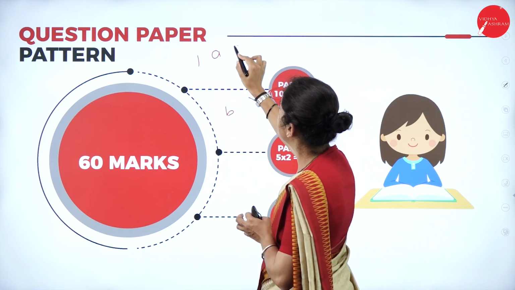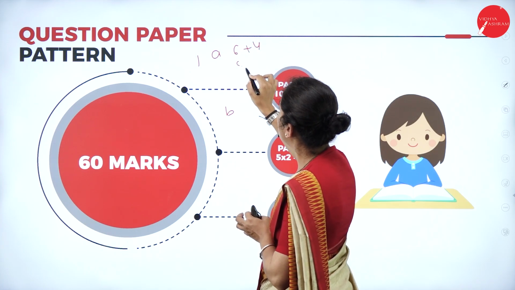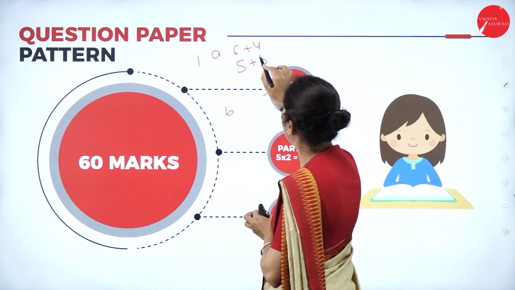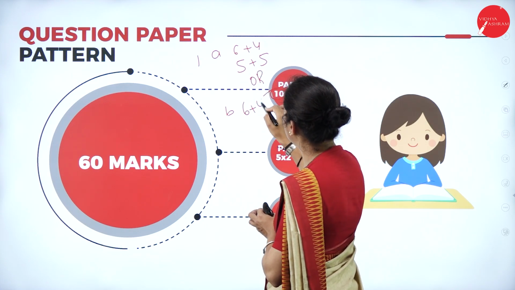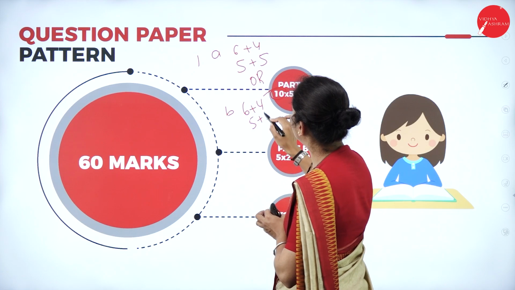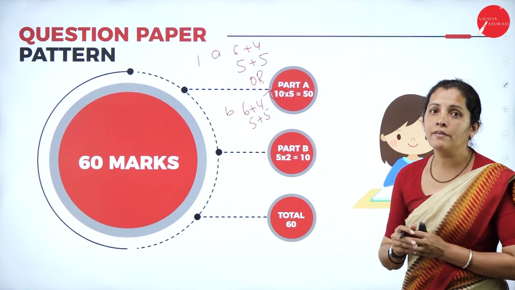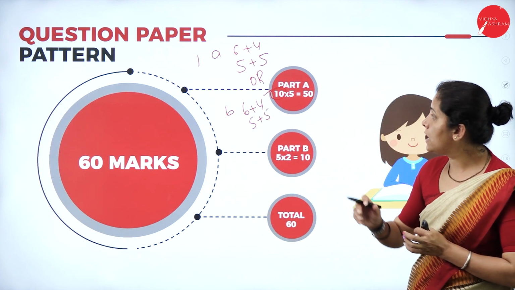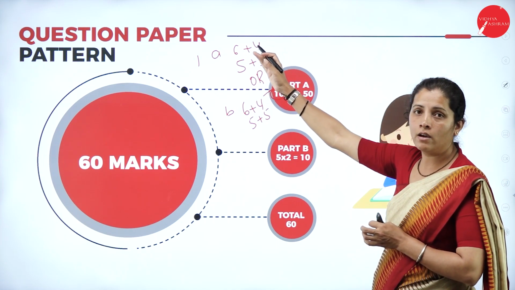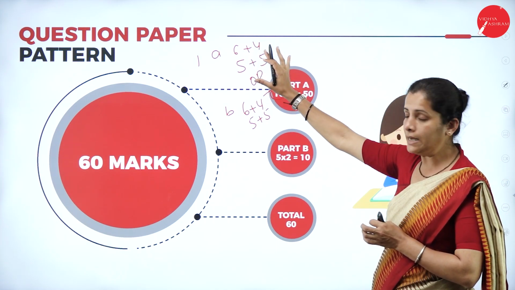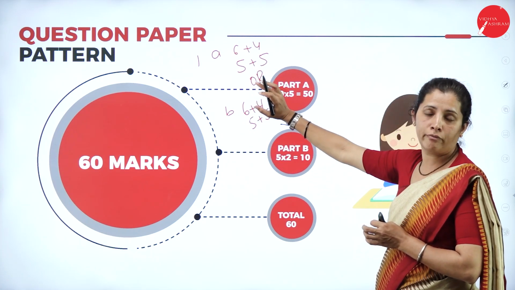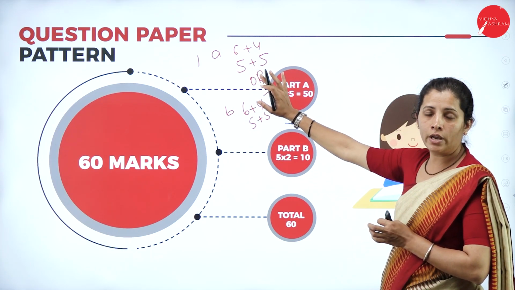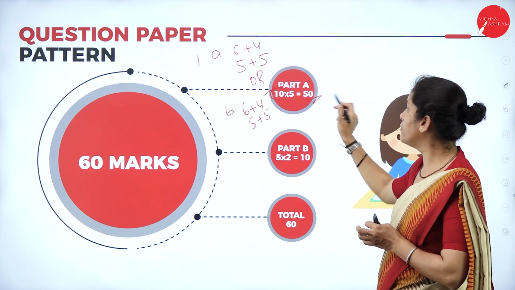Here I have 6 plus 4 or 5 plus 5, and here also the same procedure, 6 plus 4 or 5 plus 5. It is left to the student whether to go with the first A completely or the first B completely. Likewise, you will get 5 units, 5 into 10, that is 50.